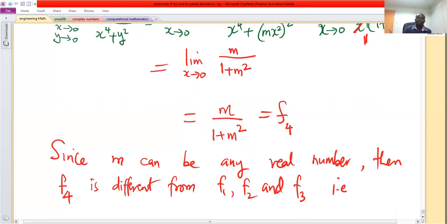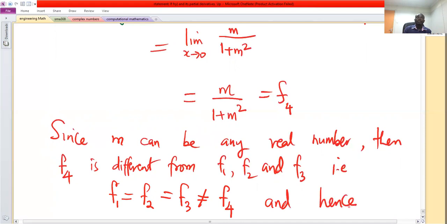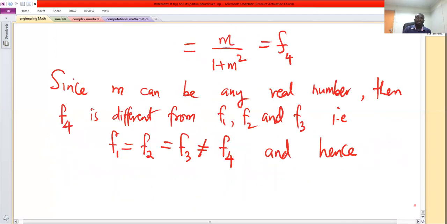That is, f1 equals f2 equals f3 is not equal to f4, and hence, because all the 4 properties are not satisfied, the limit of the function as x approaches 0, y approaches 0 does not exist.